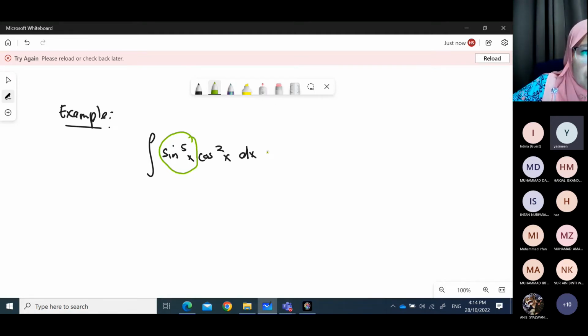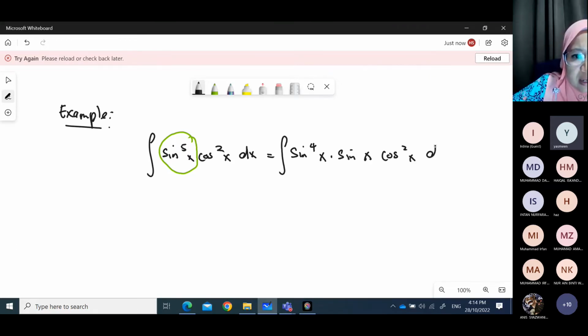So kita akan dapat sama juga dengan, it is equivalent with, sin to the power of 4x times sin of x times cosine square x dx. Okay, so ini kita dah faktorkan. Kita dah bawa keluar sin x daripada sin kuasa 5 ni. Dia akan jadi sin to the power 4x times sin x.